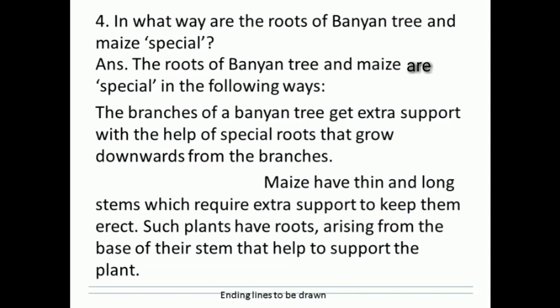Maize have thin and long stems which require extra support to keep them erect. Such plants have roots arising from the base of their stem that help to support the plant. So what you will do now is, you will take a screenshot of each and every answer that I have written over here, and you will copy them down in your copies.